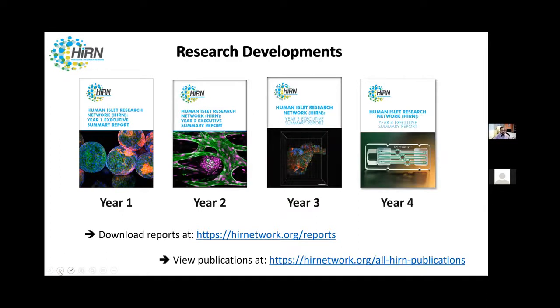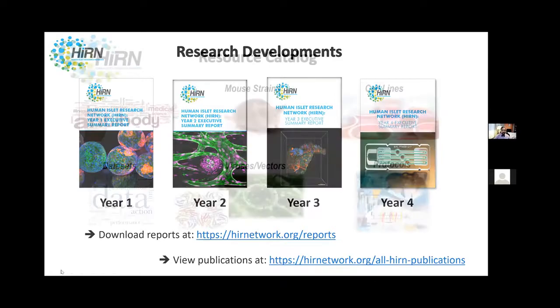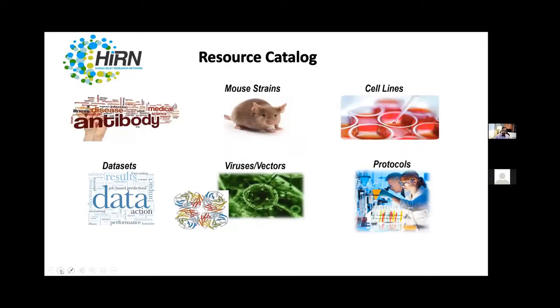Next slide. In addition to the publications and the reports, there's also a resource catalog in which all of the data sets, the mouse strains, the cell lines, just the various resources that are being generated by this network are put in one place so that you can easily find them, have access to them, and contact the investigators who, in many cases, created these new resources. Next slide.